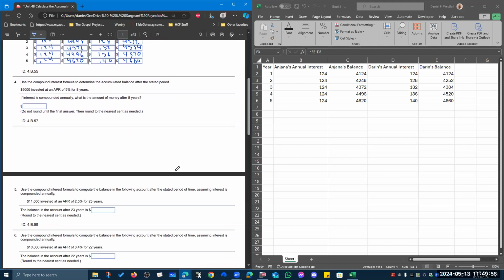So now we're going to have the compound interest formula used here.